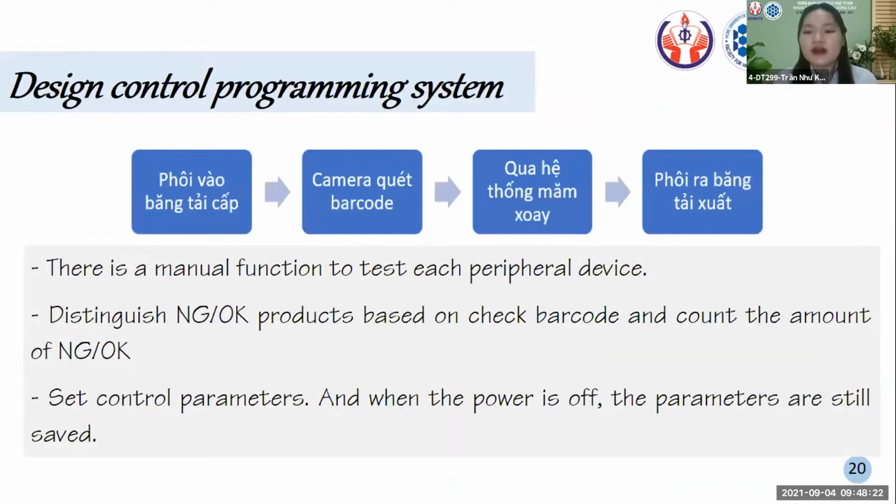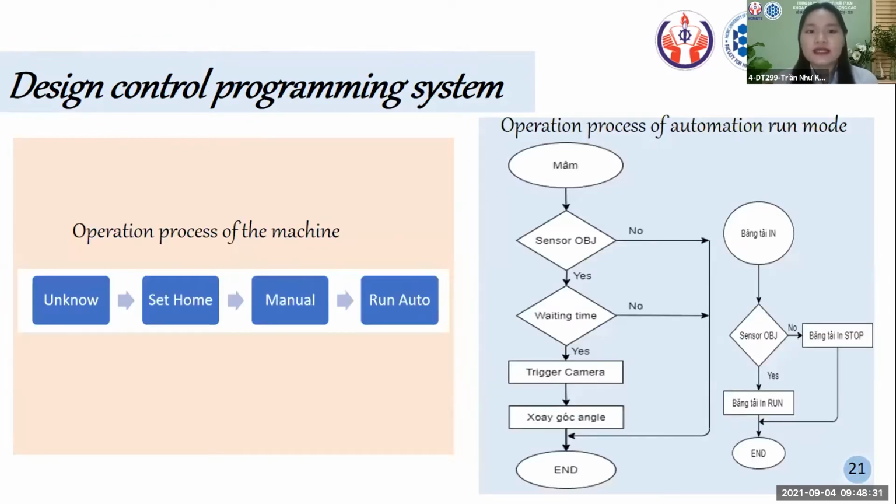Next, I will talk about the control programming system. I have some flowcharts about the operation process of the machine and the operation process of the automatic run modes.